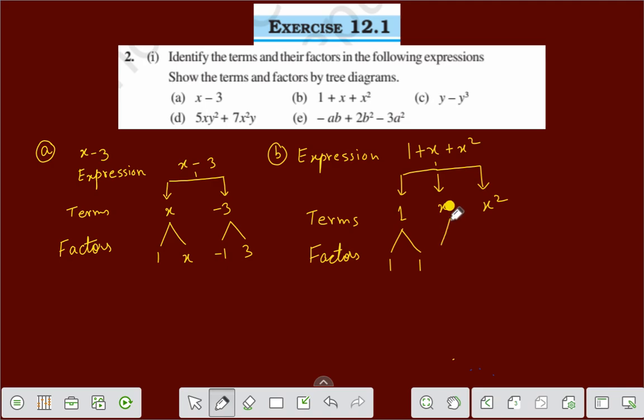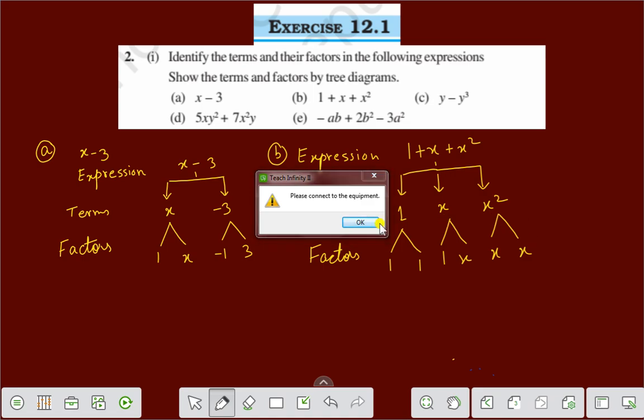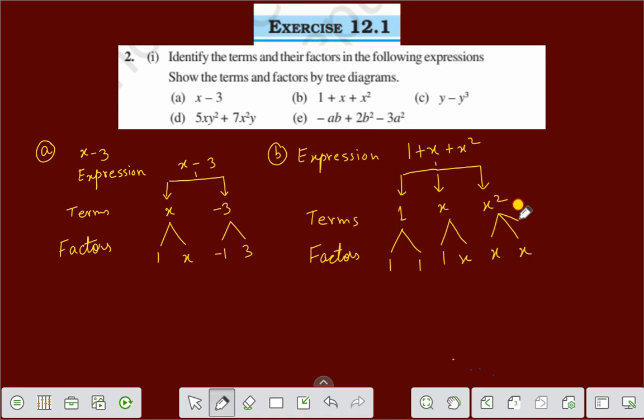And x square can be written as x and x, and with 1 also, that is x into x into 1. These are the factors, right? That is question number B.